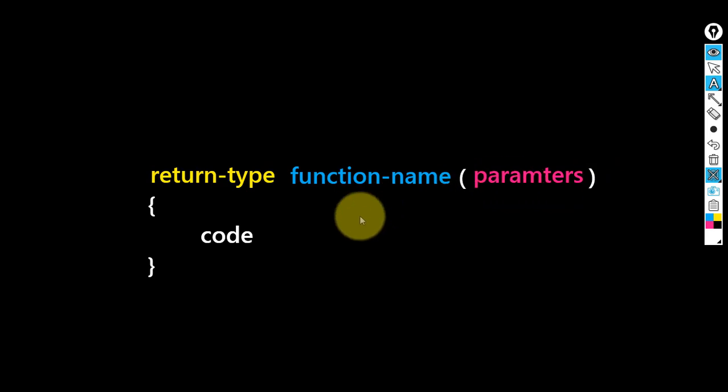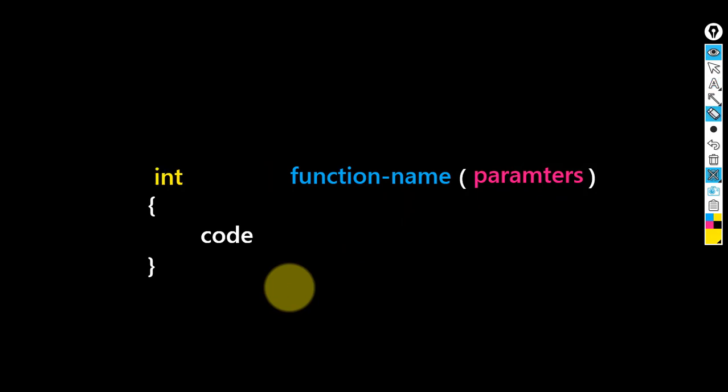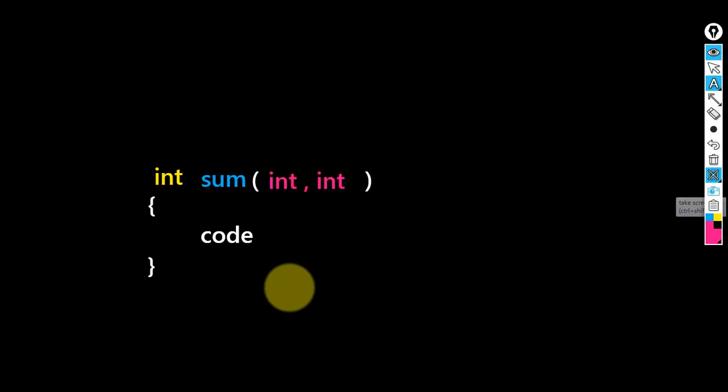For the return type, the function sum was returning an integer value, the name was sum, and the inputs we called parameters were two integer values. This is the basic syntax of defining a function, and the representation of that box is exactly this in C++. So let's write code and explain what this all means.